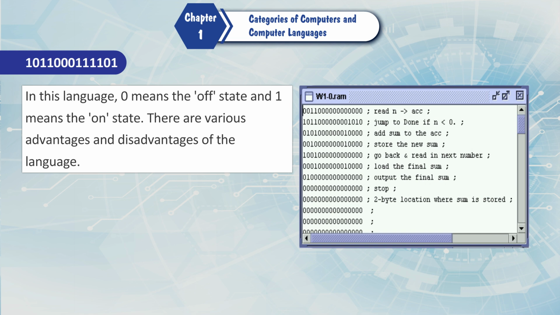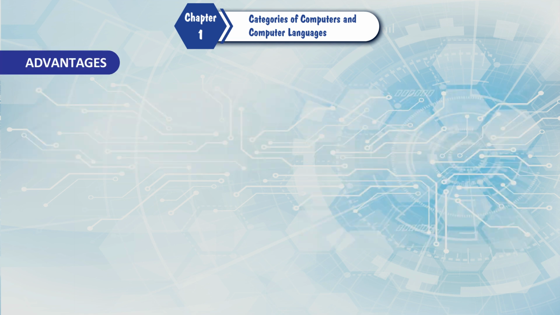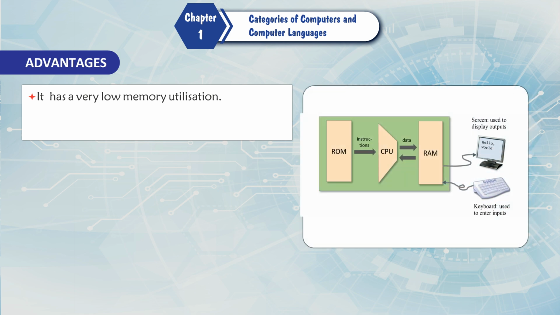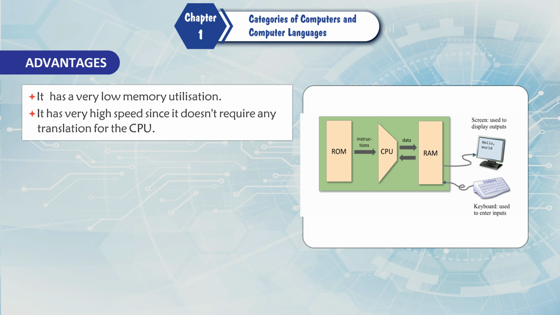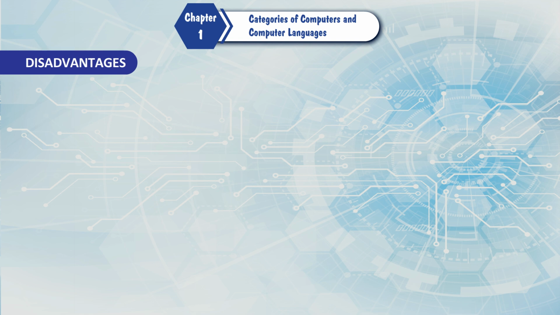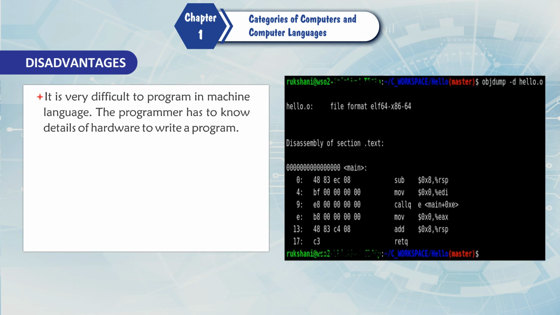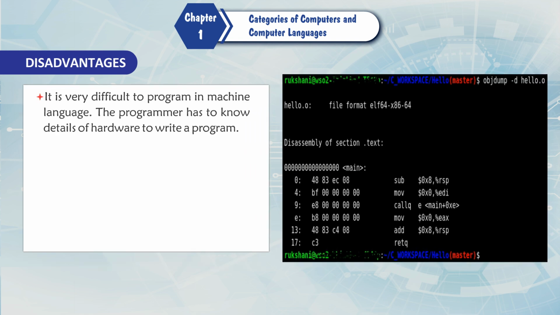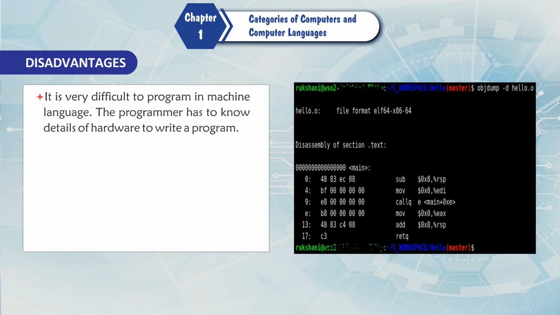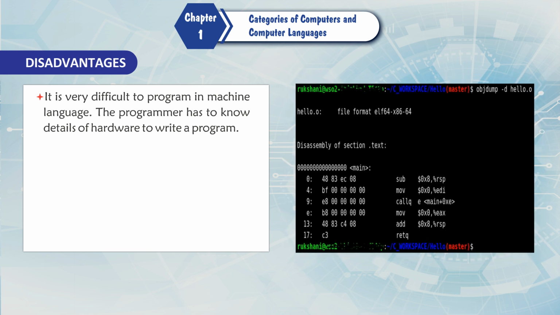There are various advantages and disadvantages of the language. Advantages: it has a very low memory utilization. It has very high speed since it doesn't require any translation for the CPU. Disadvantages: it is very difficult to program in machine language. The programmer has to know details of hardware to write a program.